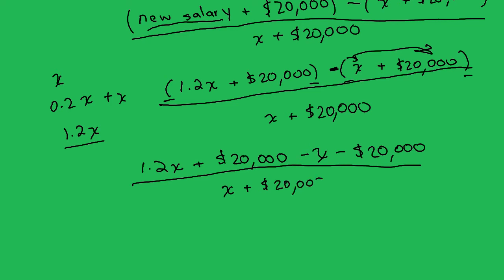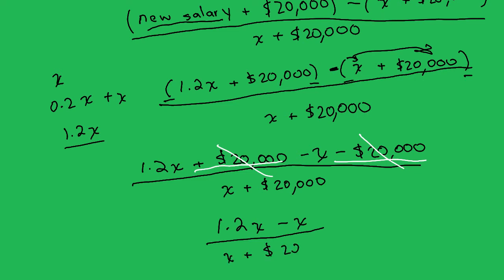Okay, now some more work on the numerator. Hopefully you'll see that we have a positive $20,000 and a negative $20,000. If we add those together, that just cancels out to give us 0, so we cross those out. Now we're left with 1.2x minus x over x plus $20,000.